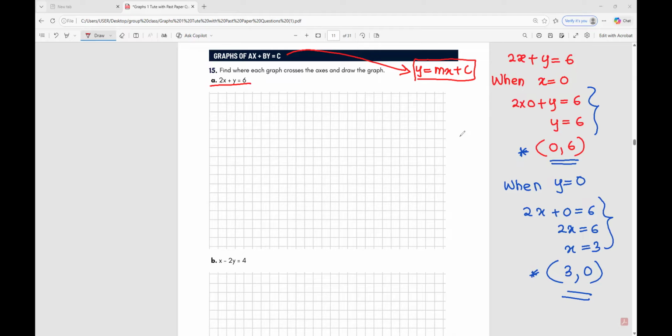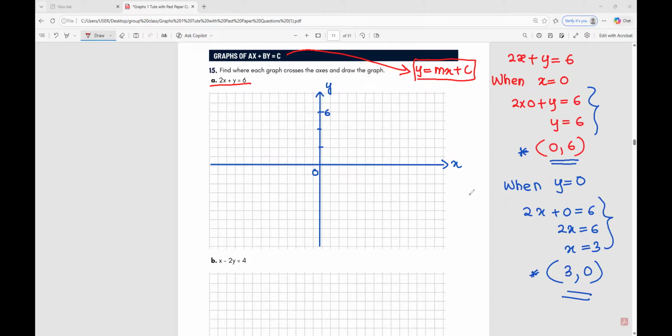Then draw the Cartesian plane, x and y axis. This is x, this is y. 0. When x is 0, y is 6. 1, 2, 3, 2, 4, 6. I will take this as 6. Next one.